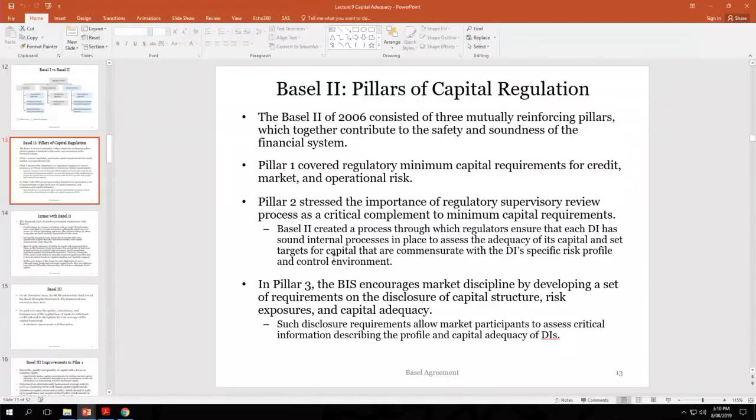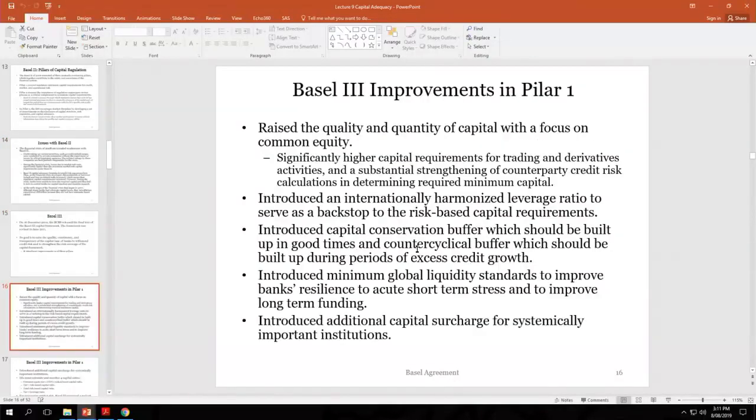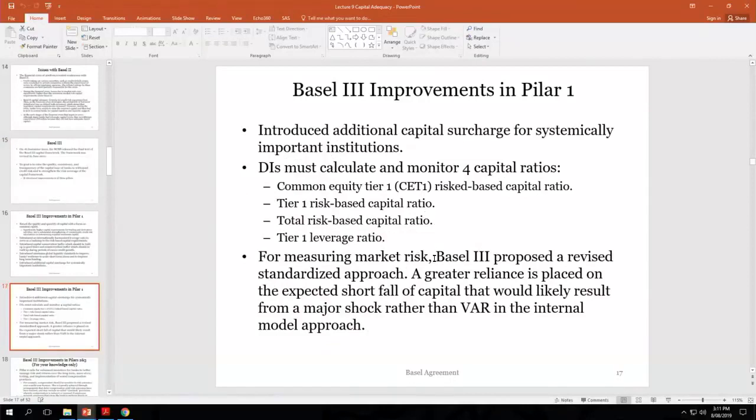Pillar 3 is about disclosure. We require banks to not only comply with the rules, they also need to disclose information about their risk-taking, their capital, and all the ratios. That's something about the pillars. In terms of calculating the capital ratios, these are the four ratios that banks need to calculate and comply with the minimum requirement.